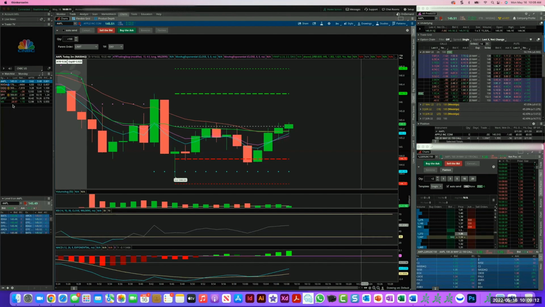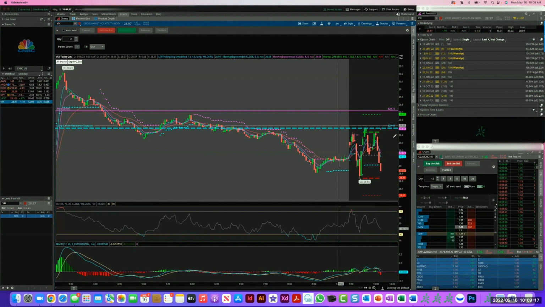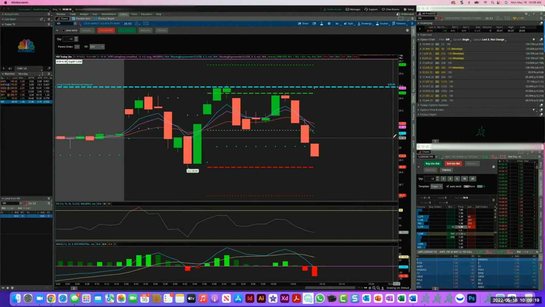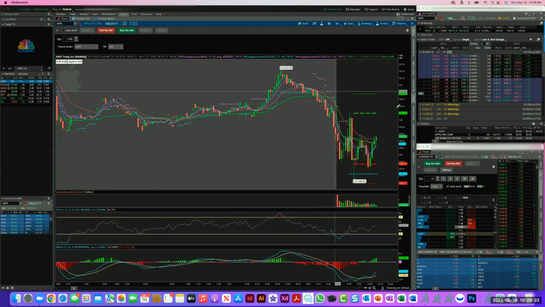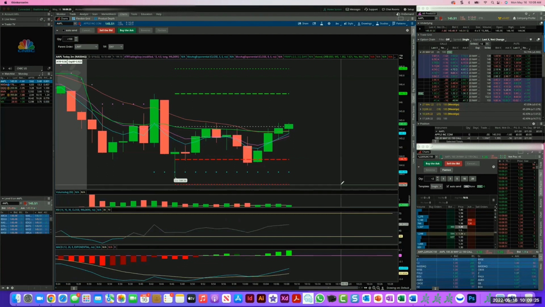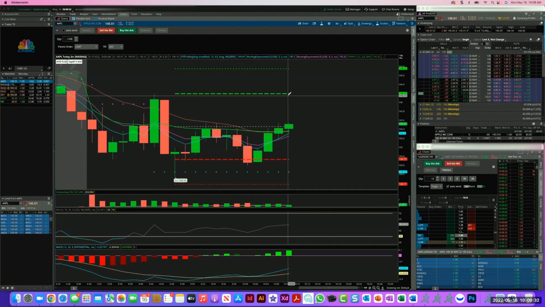It looks like the VIX has finally given up and is falling. Once we break through the opening range and test that support, we would then maybe look to add to our Apple contracts.